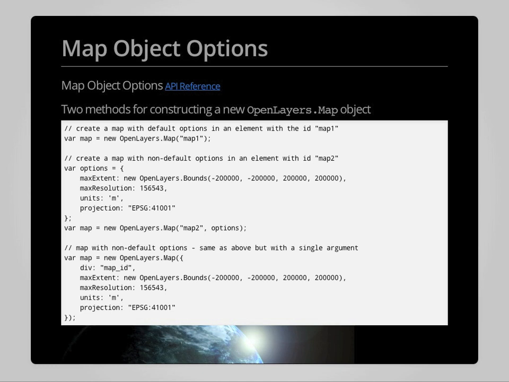Overall, when you're creating new map objects, there are two primary methods for creating a new map object.